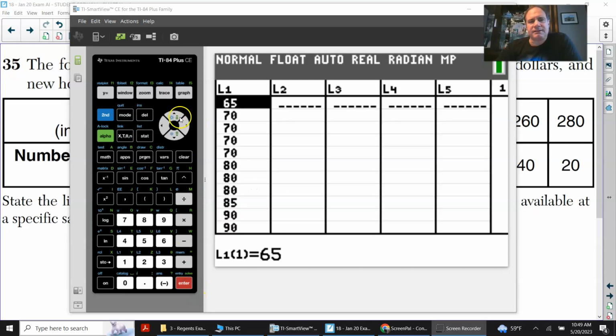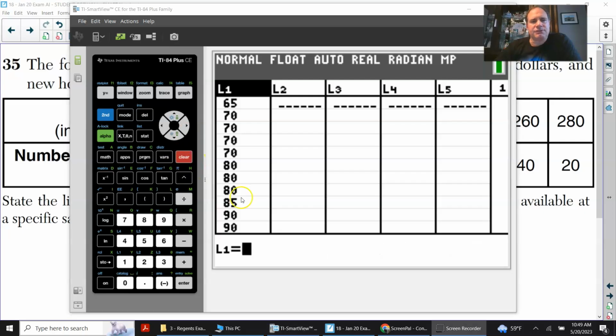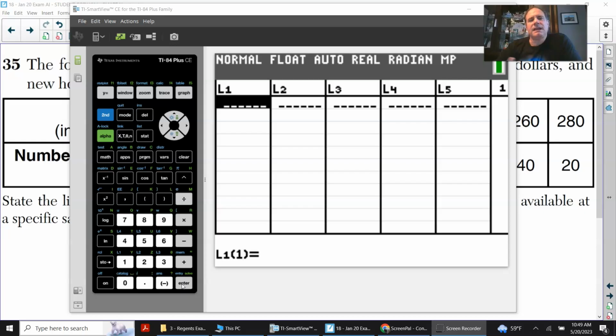And then once you get to this list, that was the question that we did before. So if you're following along and you have numbers in there, you just go up to L1. Please don't press delete. Do not press delete. Press clear. And you'll see all the numbers from the bottom go away. And then you press enter and you'll see exactly that your list is now clear.